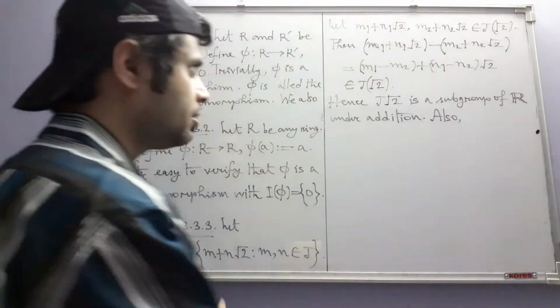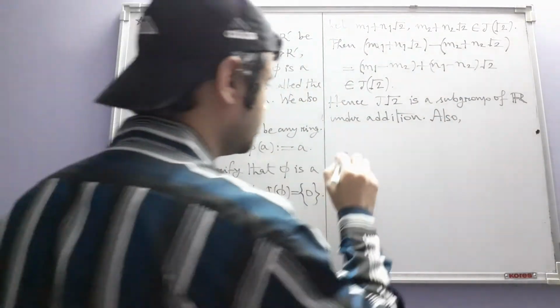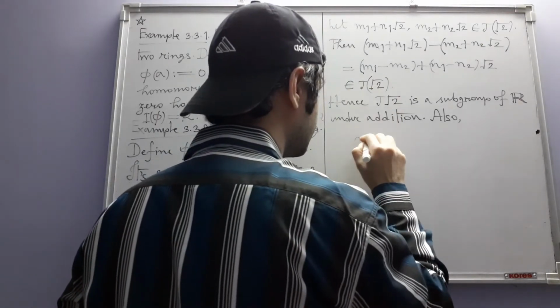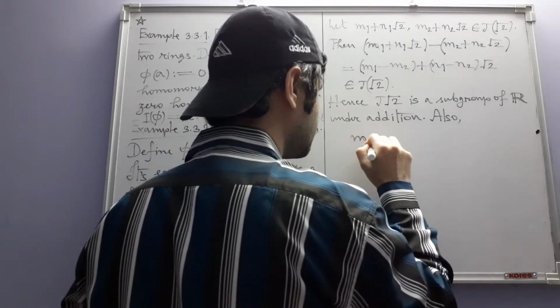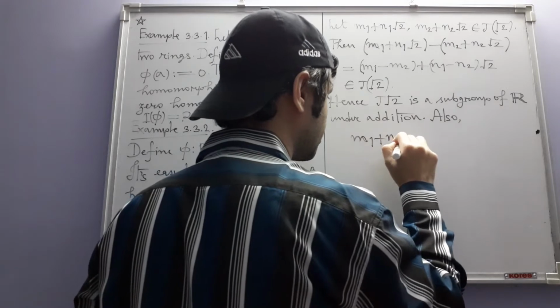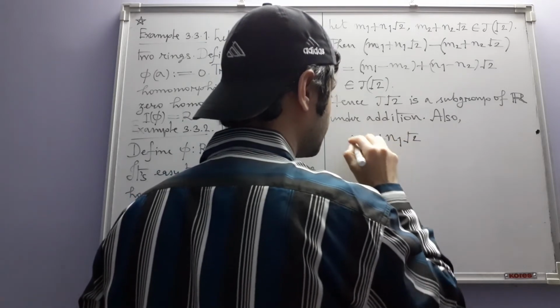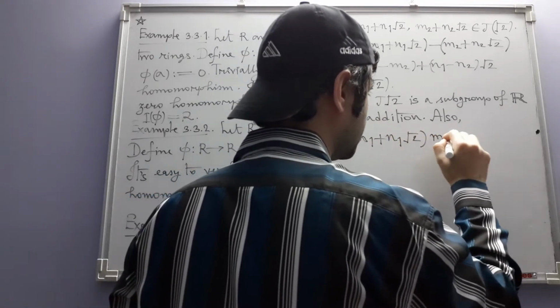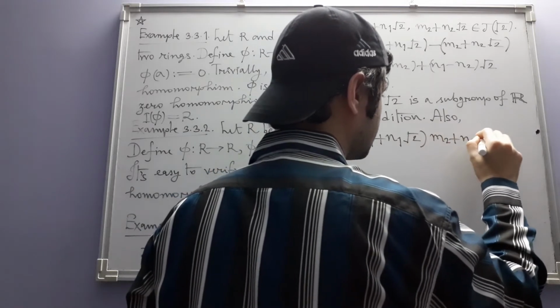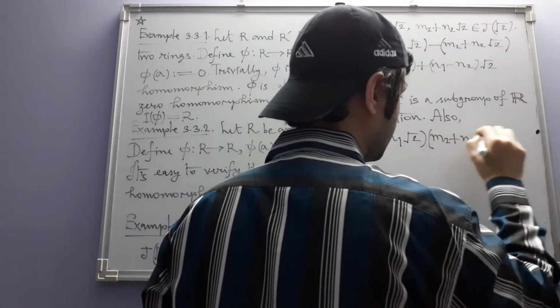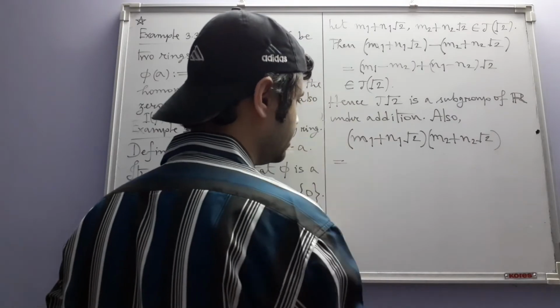Now we come to the question of multiplication. We multiply these two elements, and by multiplication we mean ordinary multiplication of real numbers. So if we multiply these two things, what do we get?